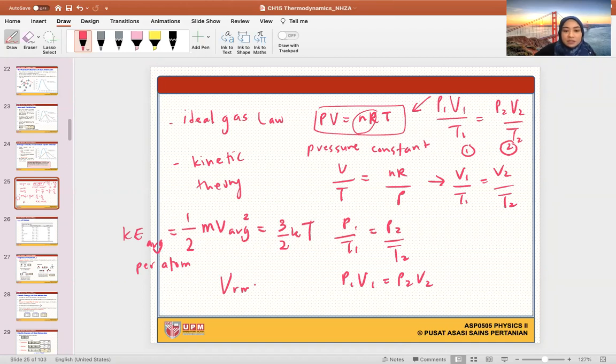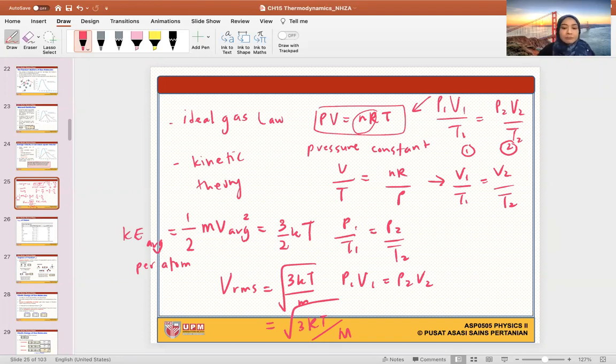But for v_rms, the equation should be the square root of 3kT over small m, or it can be the square root of 3RT over molar mass. That's a capital M, and this is a small m. So please know the difference between these two parameters.